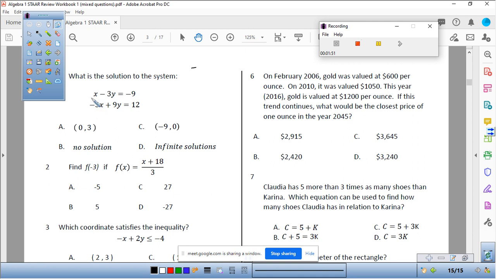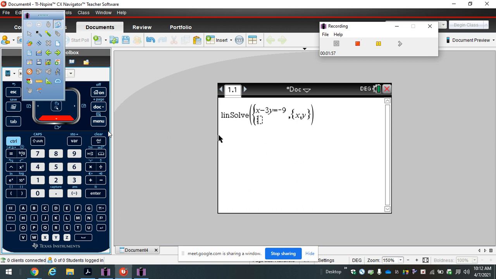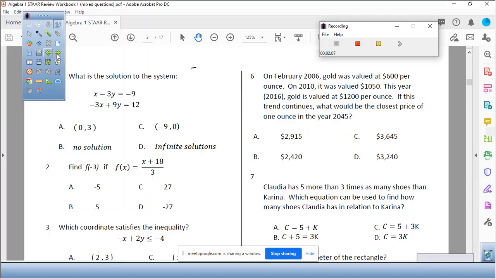Negative 3x plus 9y equals 12. Just double check real quick. Yeah, looks good.